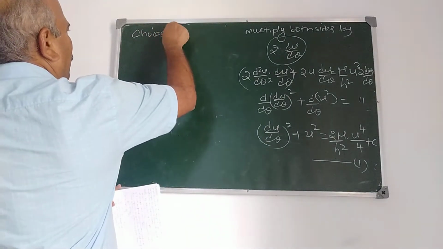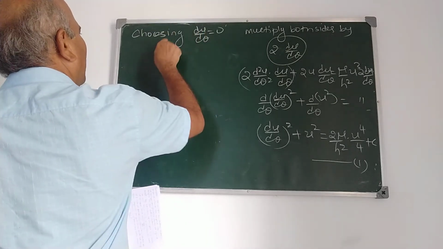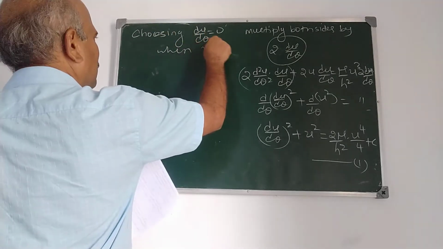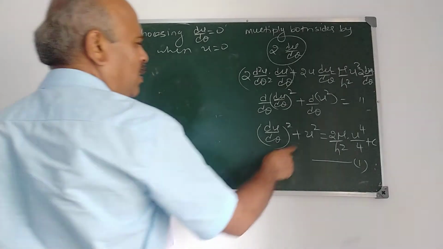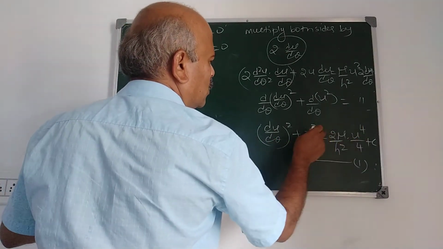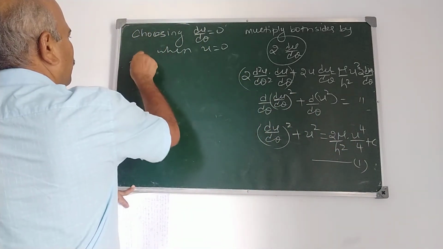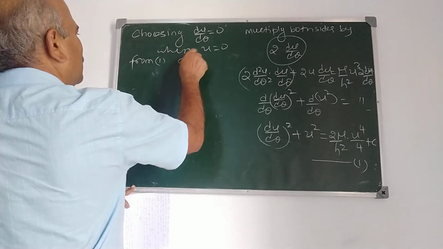Choosing du by d theta is 0 when u is 0. When u is 0, choose du by d theta is 0. Therefore, u is 0, du by d theta is 0. We get c is 0. From 1, c is 0.